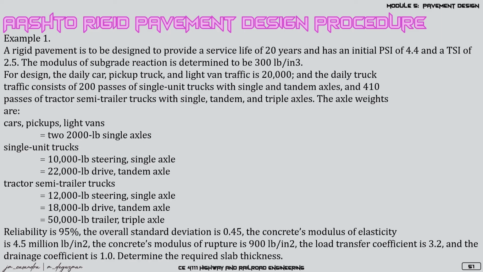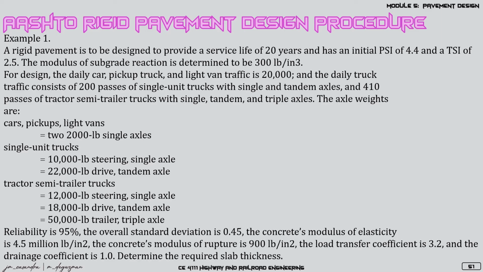For design, the daily car, pickup truck, and light van traffic is 20,000. The daily truck traffic consists of 200 passes of single unit trucks with a combination of single and tandem axles, and 410 passes of tractor semi-trailer trucks with single, tandem, and triple axles.